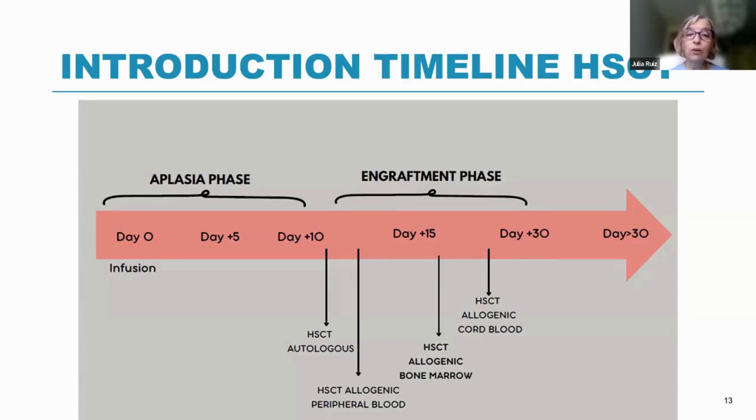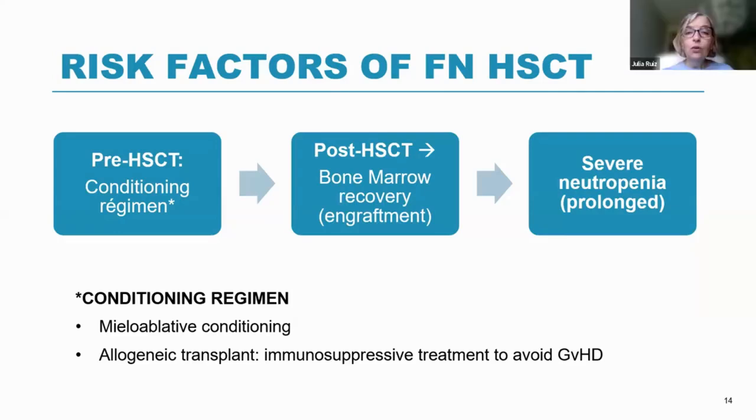If we are using peripheral blood as the source, the engraftment will be earlier. If we are using bone marrow, it will be a bit delayed. And if we are finally using cord blood, because of the fewer cells that you can find in cord blood, the engraftment phase will be more delayed.